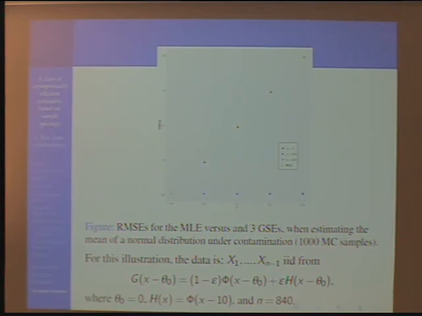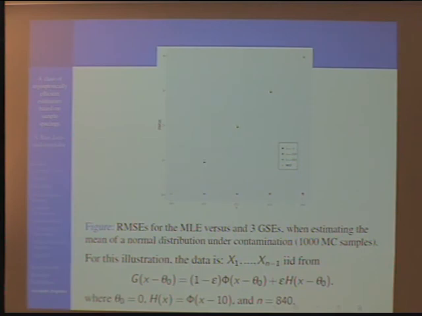Even then, the GSEs that I talked about, the root mean square error is very small. Whereas the root mean square error for the MLE blows up, almost 4 times as much. So what is the moral of this?